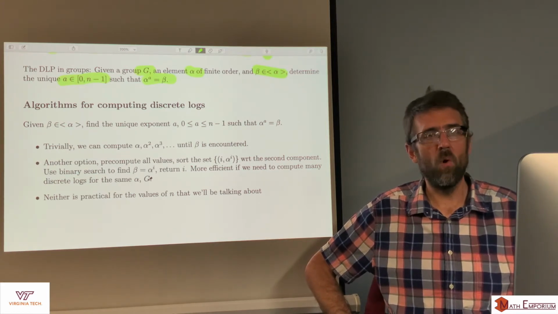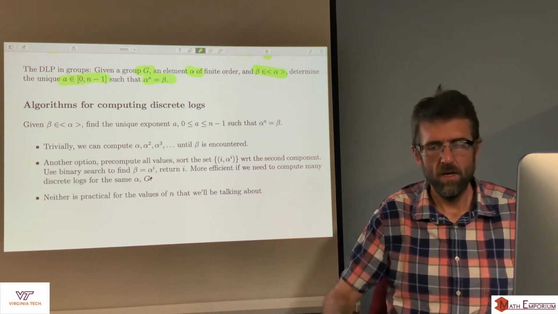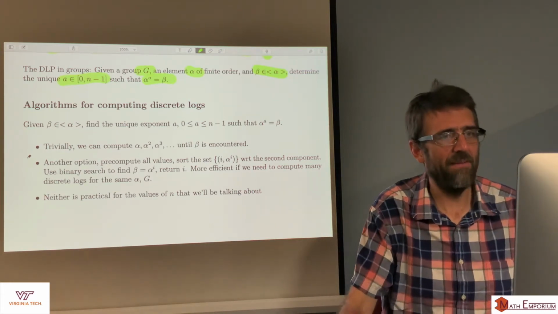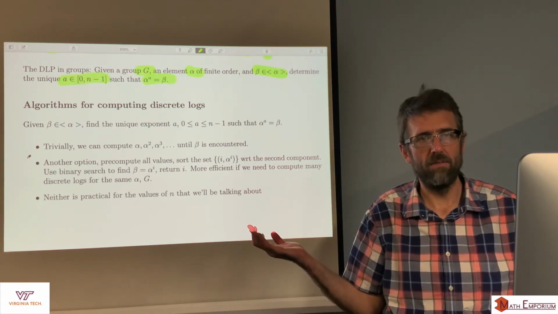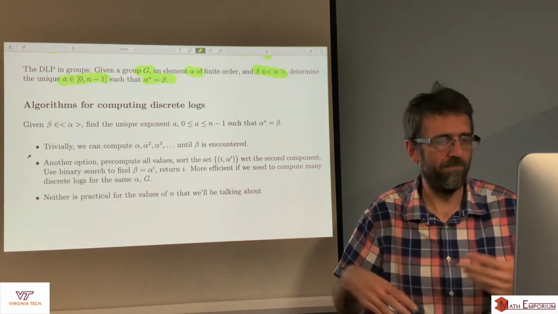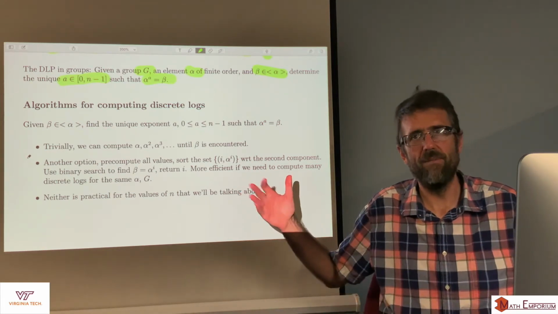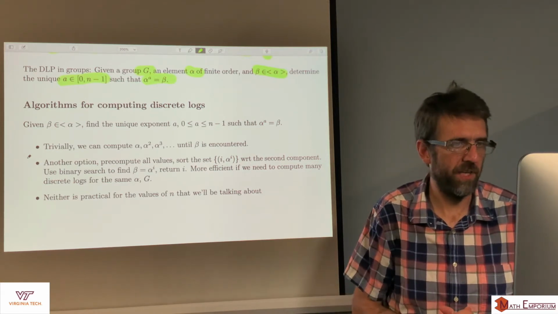This will be more efficient if we need to compute many discrete logs for the same value of alpha. But again, if n is very large, this may be completely impractical, because you may have way too many powers of alpha to even store on a machine.